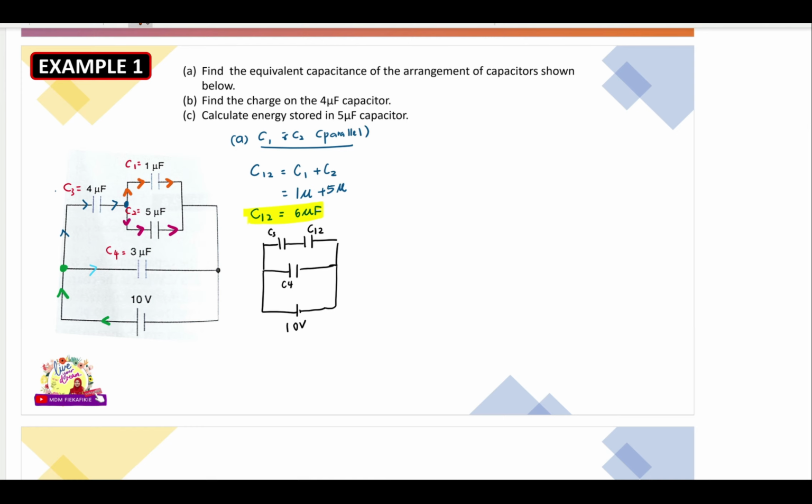Okay, since the current that flow from this junction, current yang lalu dekat C3 sama juga dengan current yang lalu dekat kumpulan C12. Therefore, they are in series. Okay, so this is series. So we can try to solve. Okay, series. Kalau ini tadi dia adalah parallel.